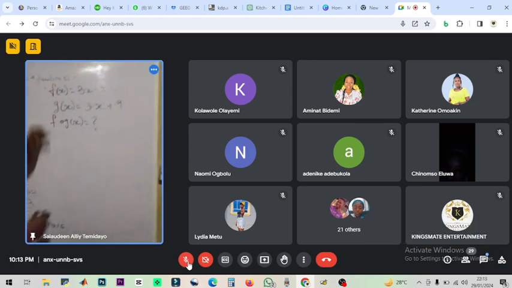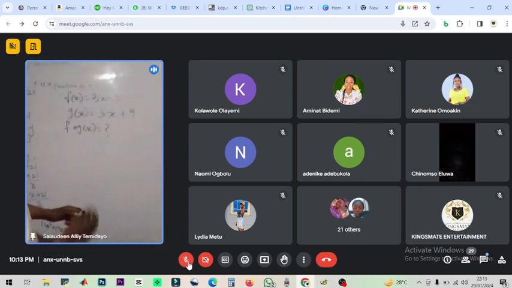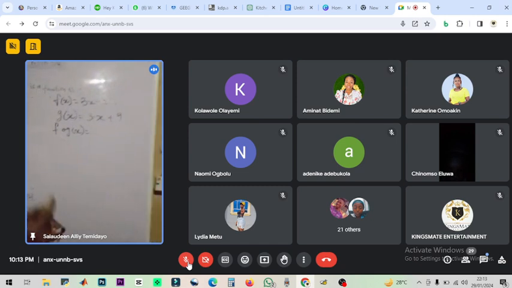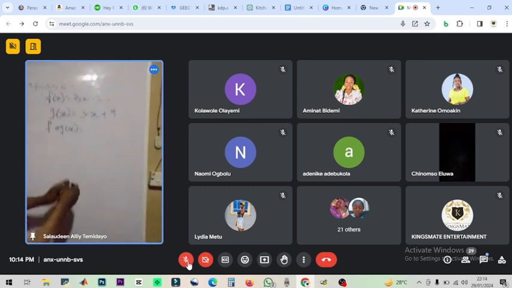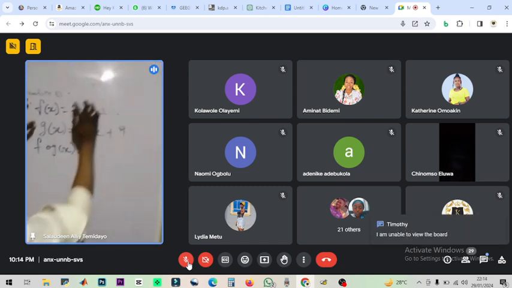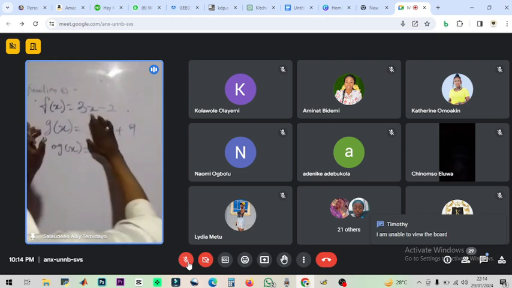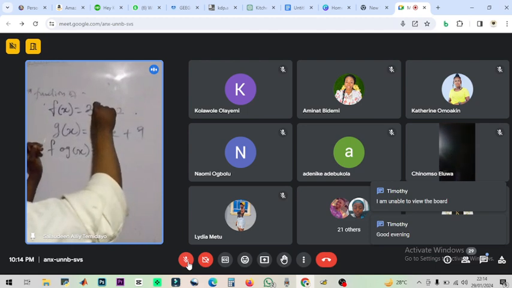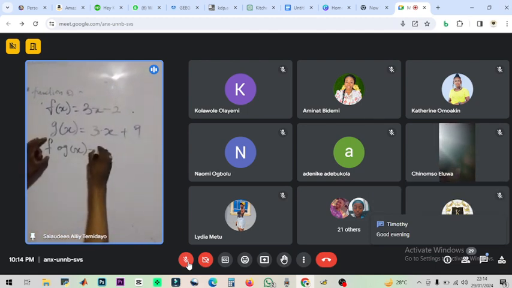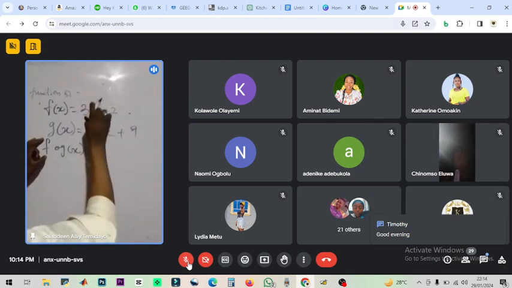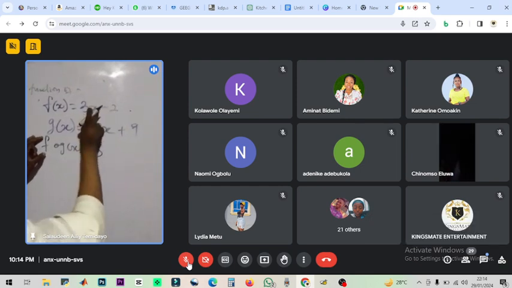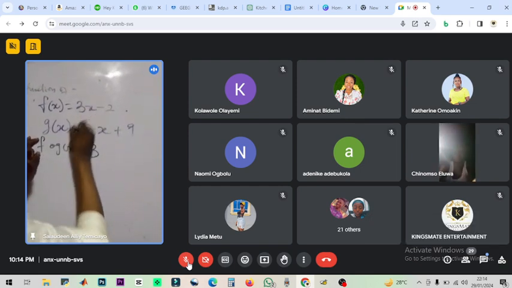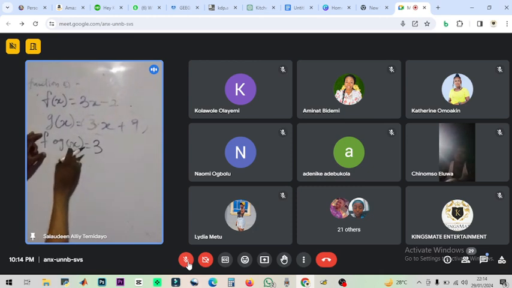I'm looking for f of g of x, everyone. It's a simple process. So I'm going to take f of x. The value of g of x, that's 3x plus 9, will be put where I'm supposed to write x. So now f of g of x is 3 times, instead of writing x, I'm going to write the whole of g of x, because I'm writing f of g of x.